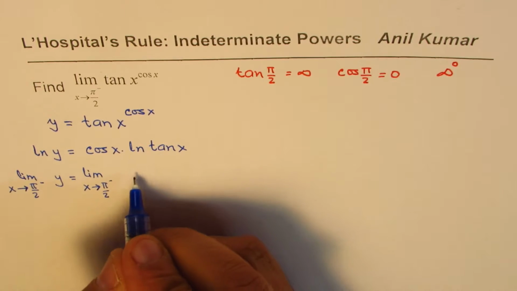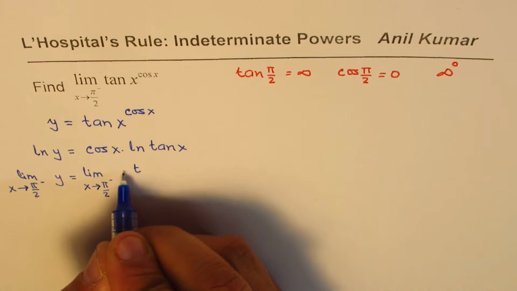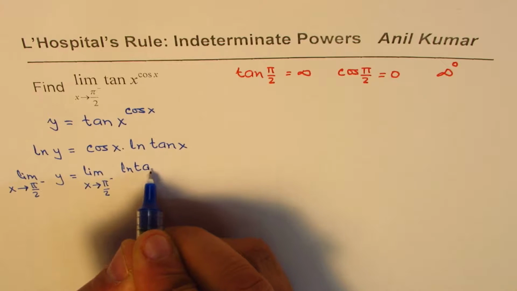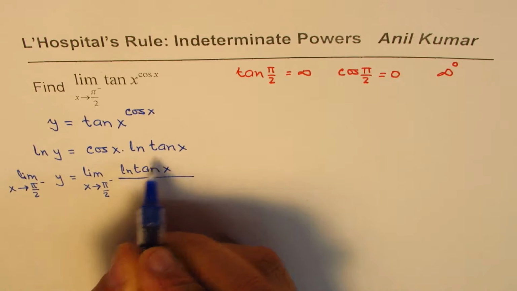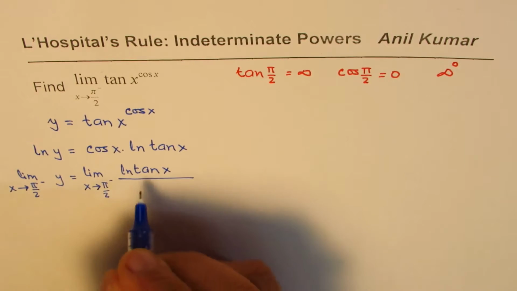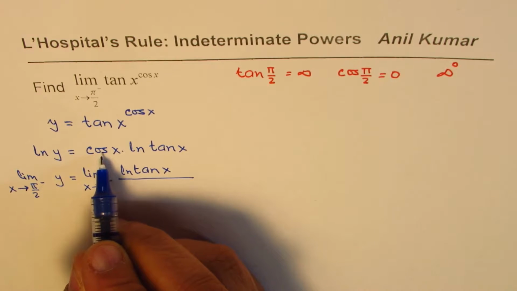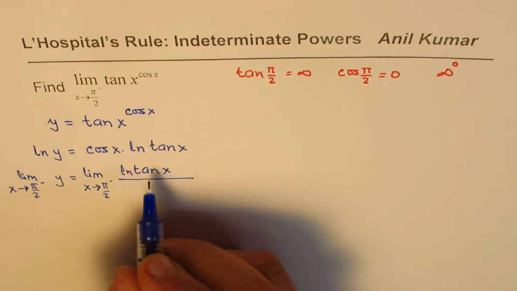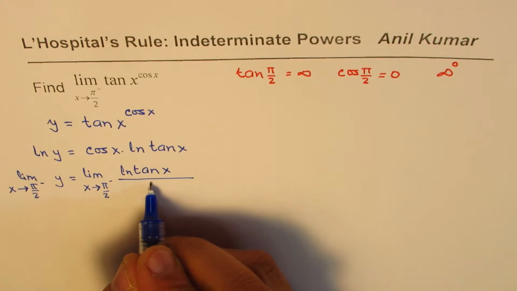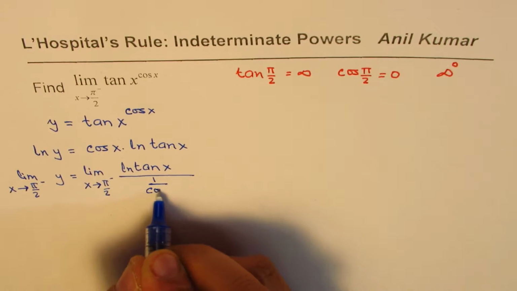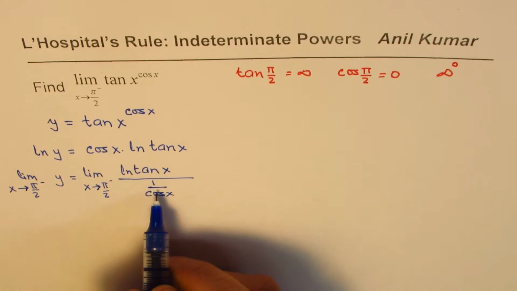In such cases, it is preferred to write ln tan x always in the numerator. So don't take this in the denominator. However, cos x could be taken in the denominator. You could write cos x as secant x, 1 over cos x. Or let me write 1 over cos x. But at this stage, you could also write ln tan x over secant x.